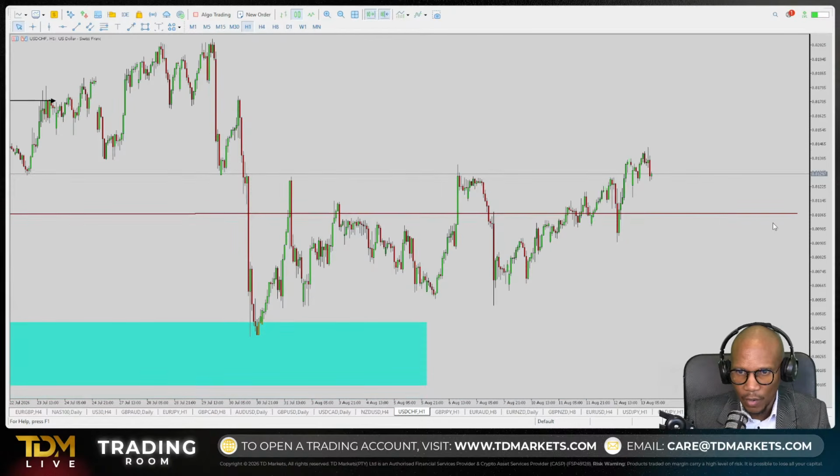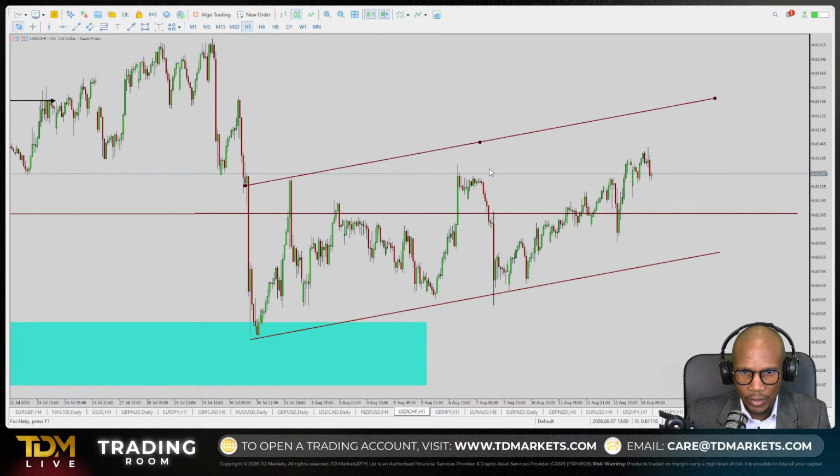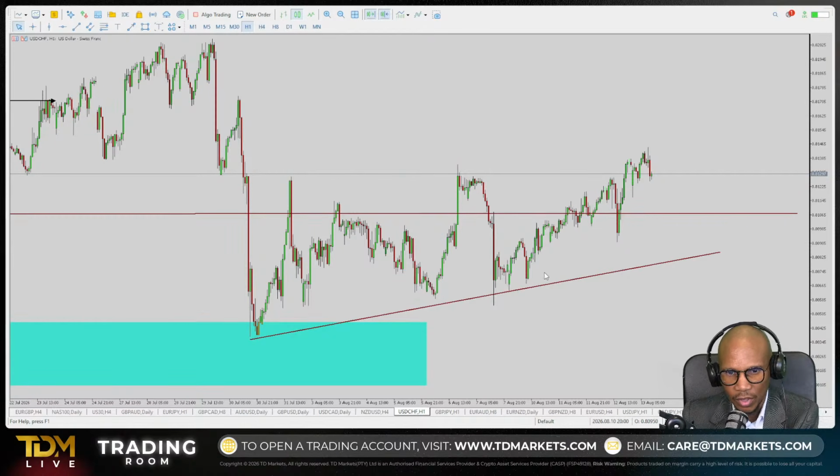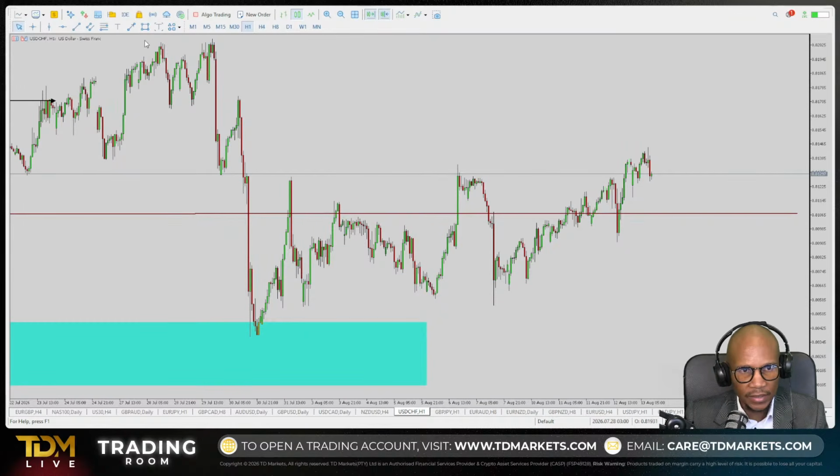For instance, I would want, because I can't really see a proper impulse on this. I can't really see a proper impulse. So the way the market has been moving like this, right? I can't really see a proper impulse that I would take advantage of.